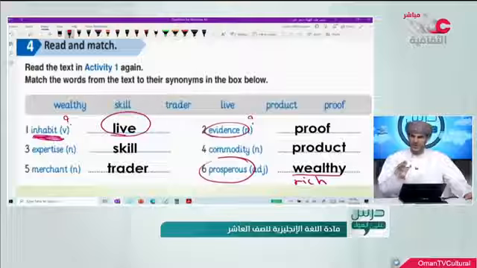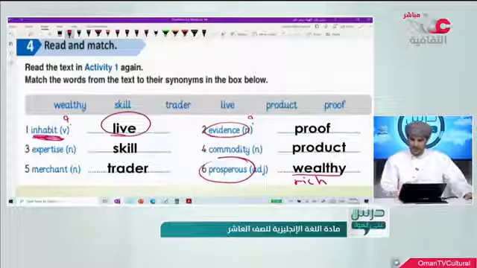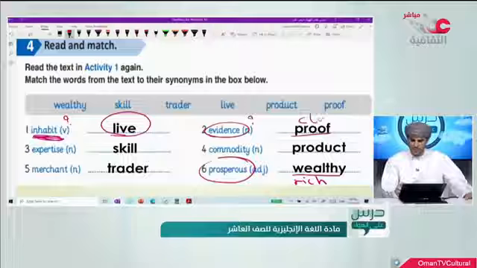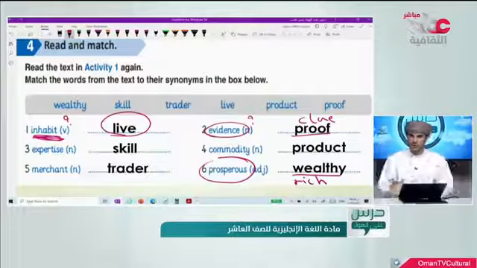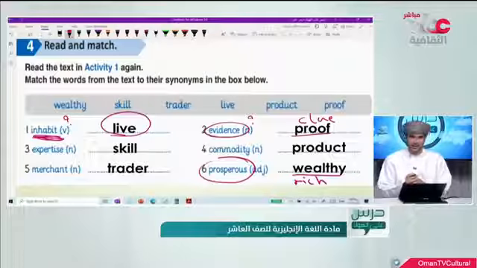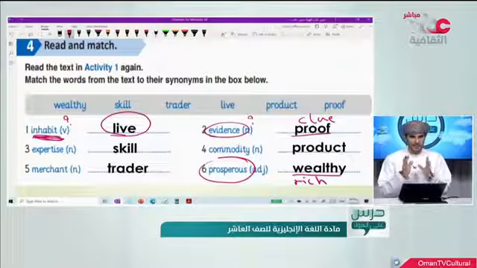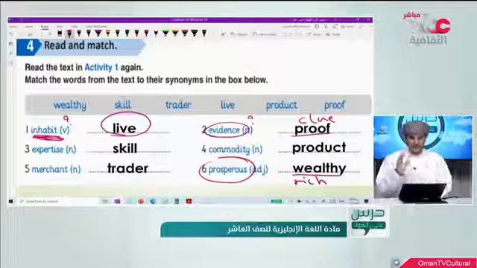All the dictionaries are full of examples and meanings. Proof, synonym, another synonym, clue. Okay, find out these words. It's very, very important to make your own dictionary. You build up your vocabulary and become very skilled in vocabulary.